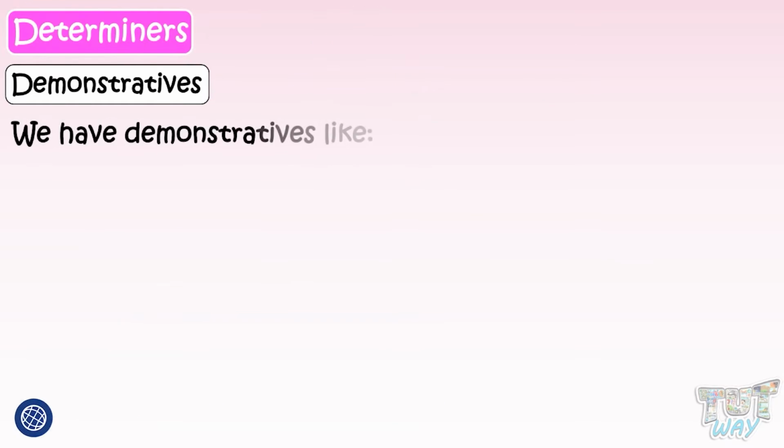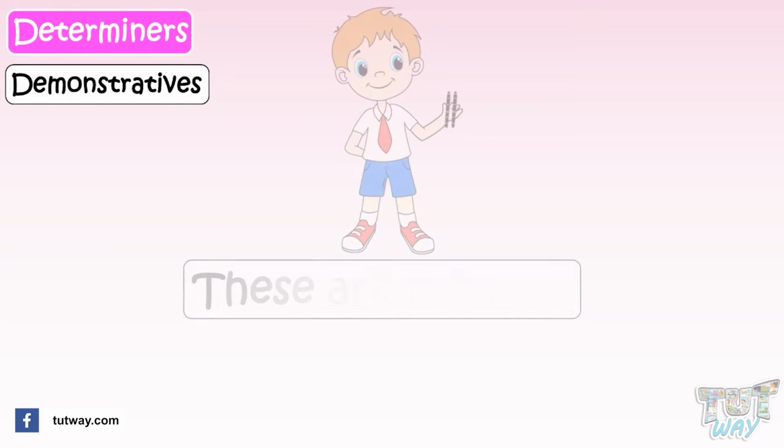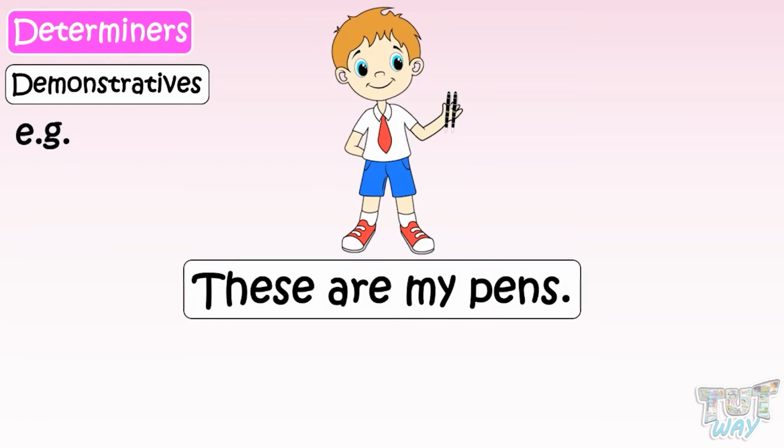Similarly, we have demonstratives like these, those, and that. These is used for a plural noun which is near to the speaker, like these are my pens.